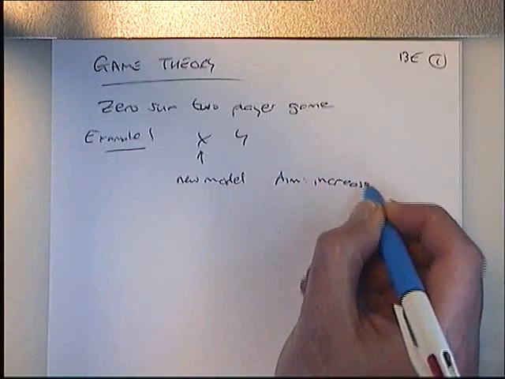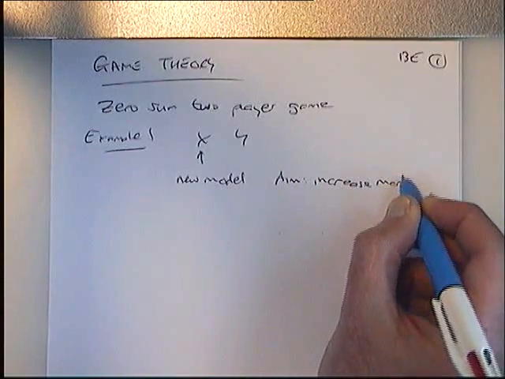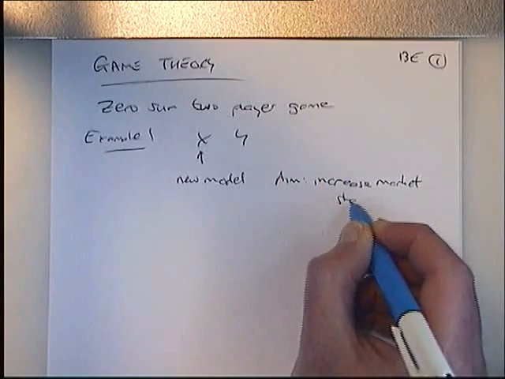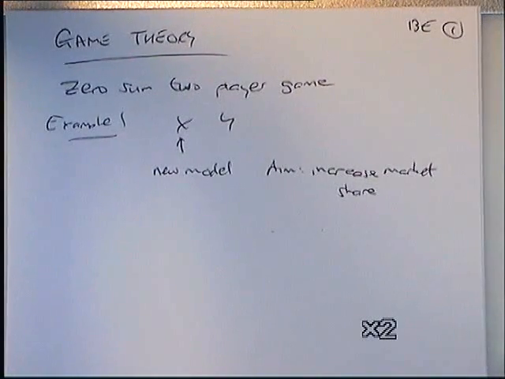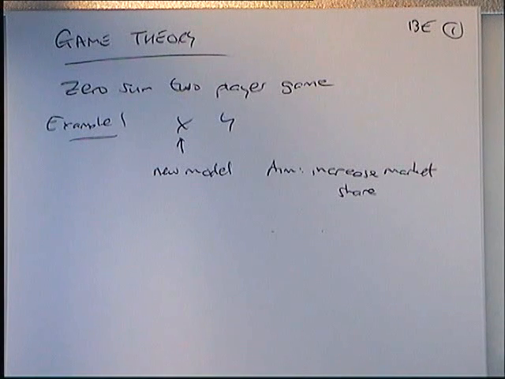So X's aim is to increase their market share. We're going to assume that there are only two companies, X and Y. There are no other companies. So if X increases its market share, it'll just take that market share from Y, and vice versa. Any gain in market share for X will be a loss for Y.